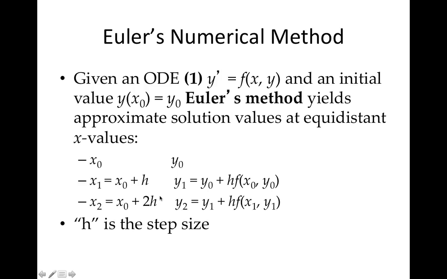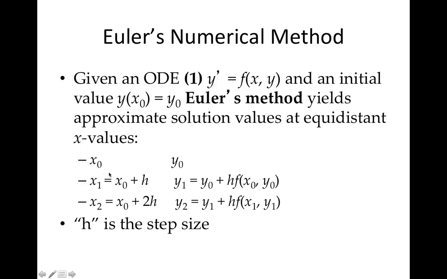Now, most of you know enough at this point about algorithm development and computer programming to know that the advantage of a small step size is we get a much better approximation. The disadvantage is, of course, computational time.